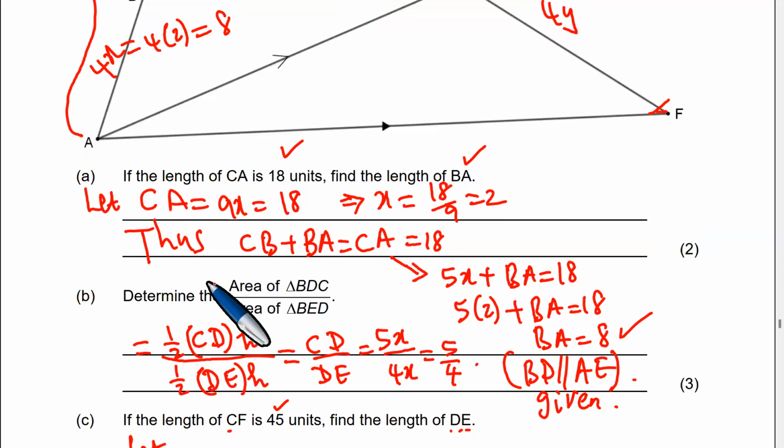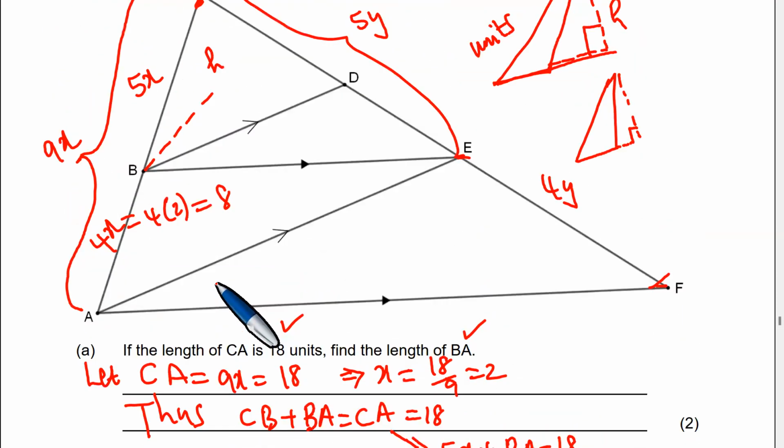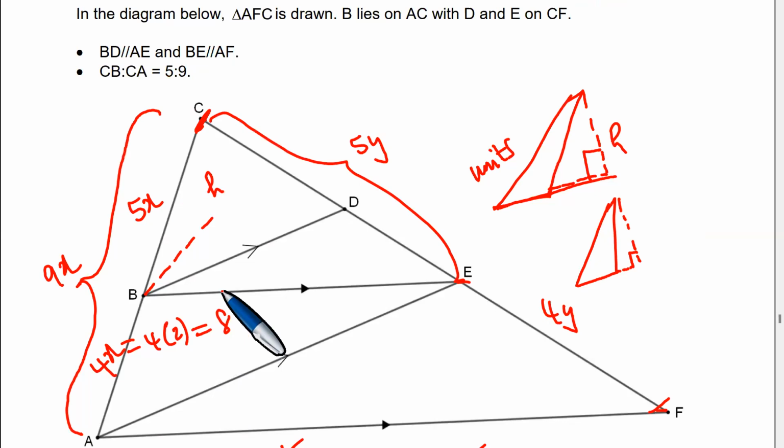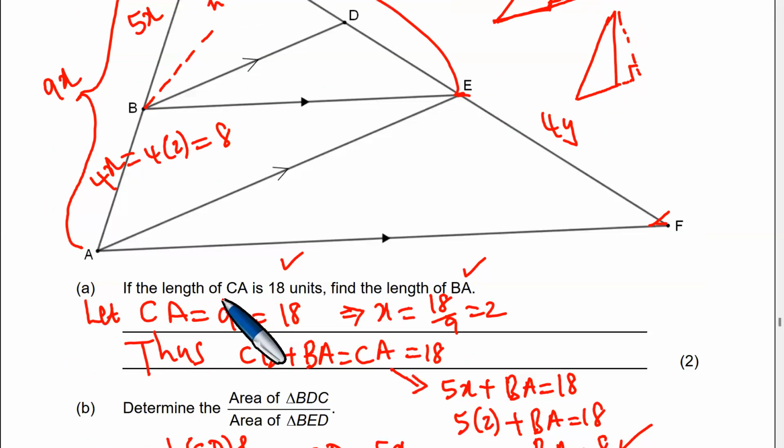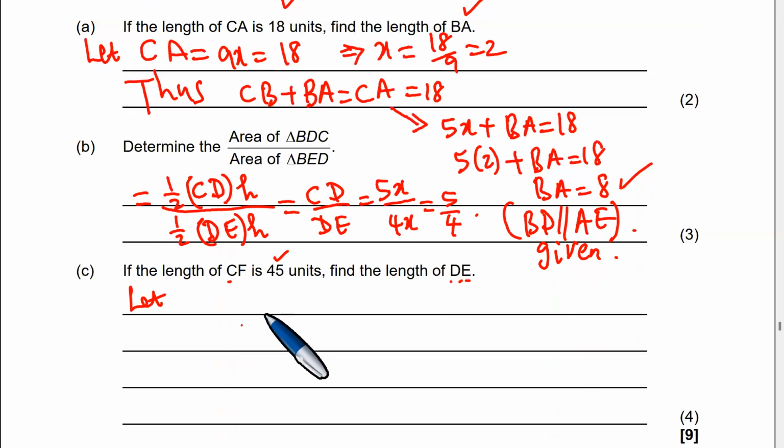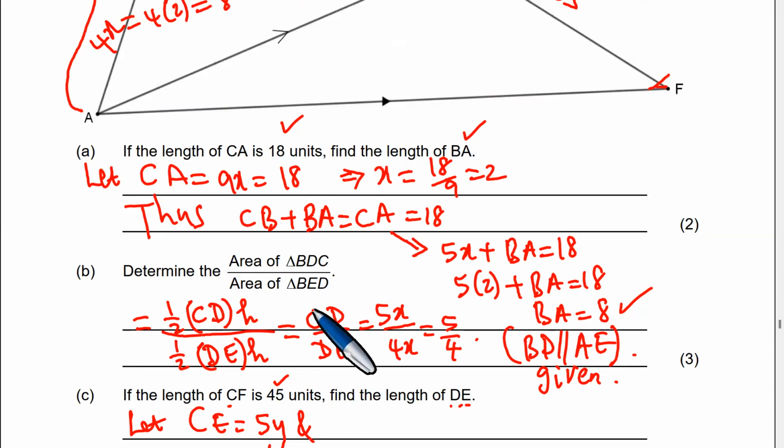Or alternatively, you can use direct similarity of this here, but that's okay. Let's call CE 5y, because it follows anyway.